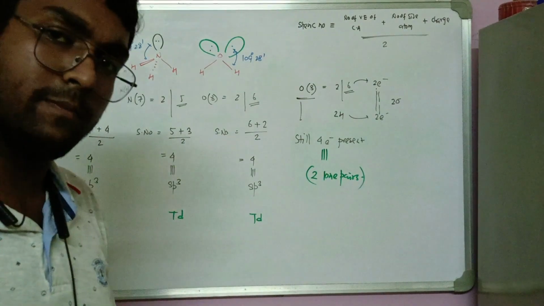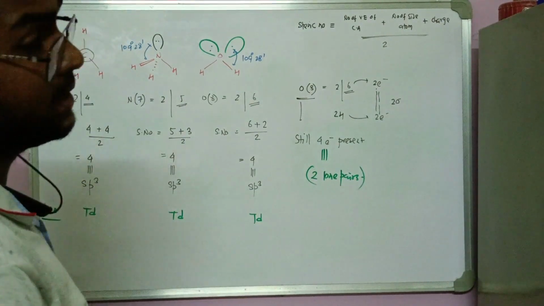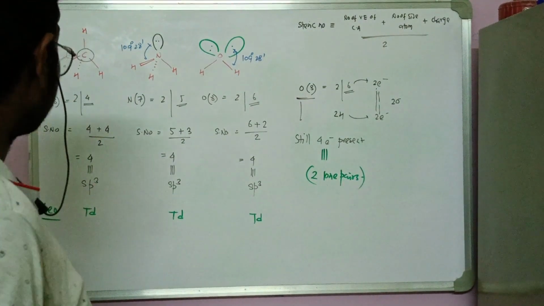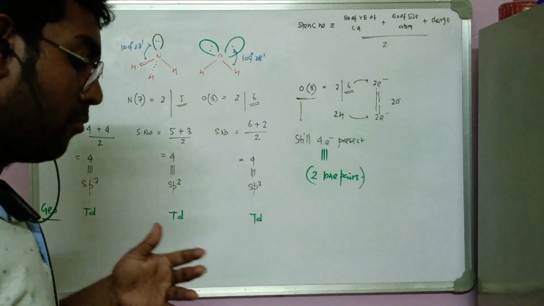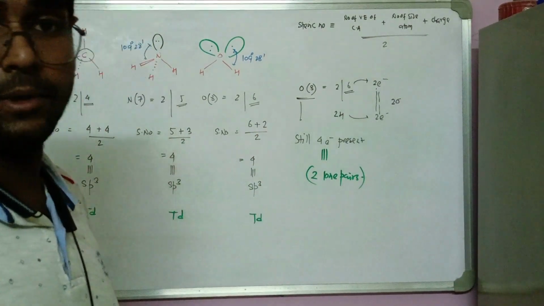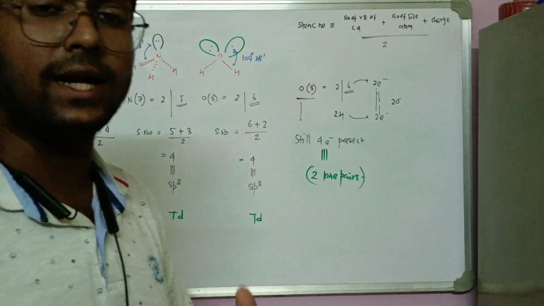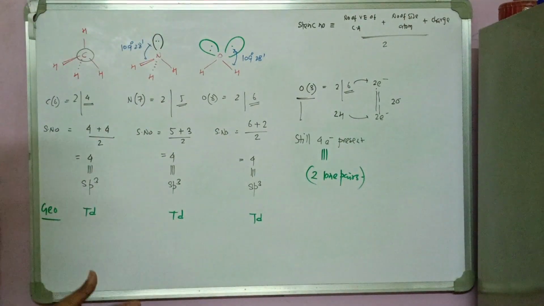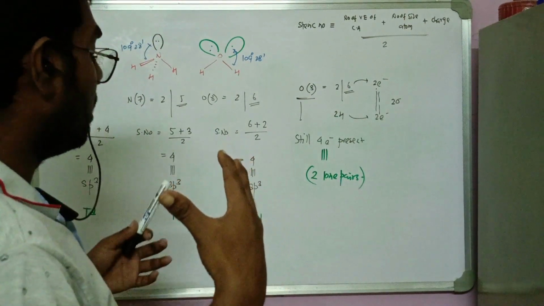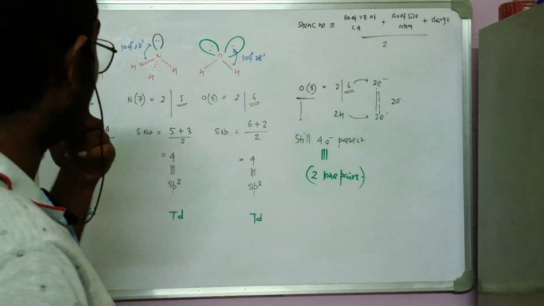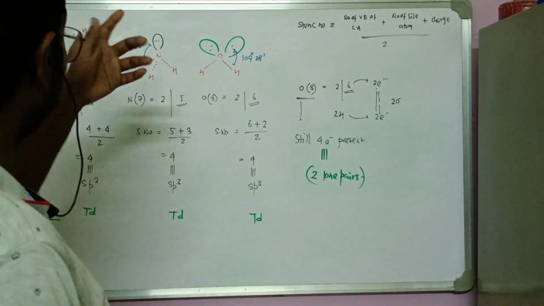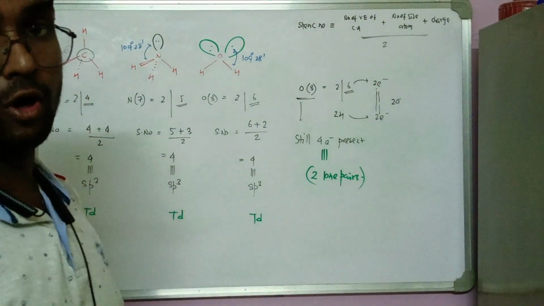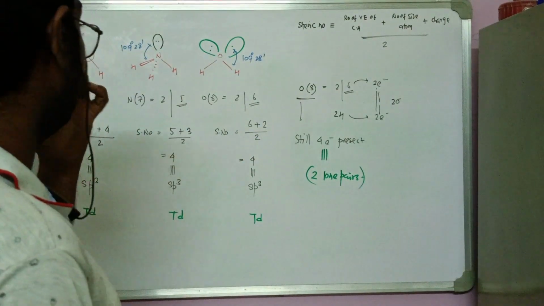But there is a problem, because of the repulsion: the lone pair and bond pair are not the same kind and do not have similar electron density. A lone pair has a more spacious electron density than a bond pair. So this is not 109 degree 28 minutes, but will have a different bond angle, and I will be discussing this later on.